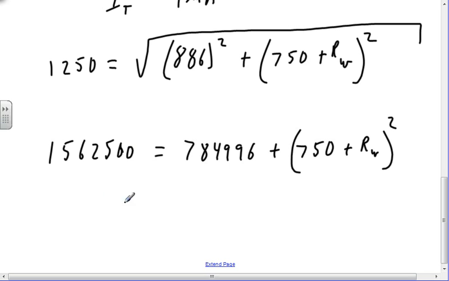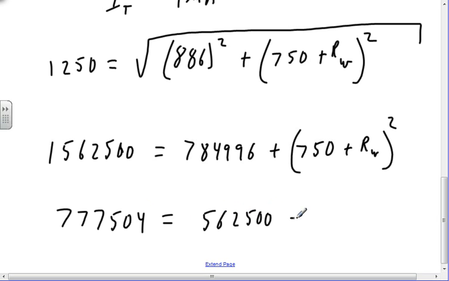777504. 777504 equals 750 squared, 562,500 plus 1500 RW plus RW squared.